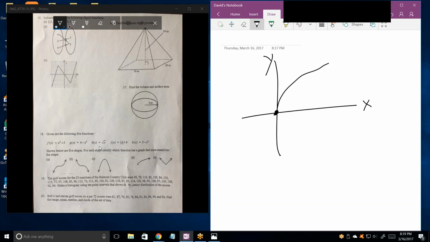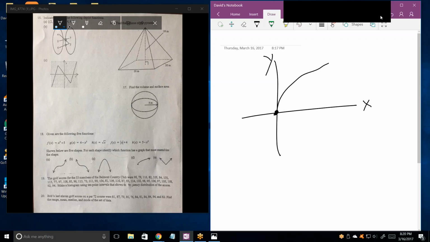Now, on figure E, we see a V. What functions create V's like that? Absolute value functions.